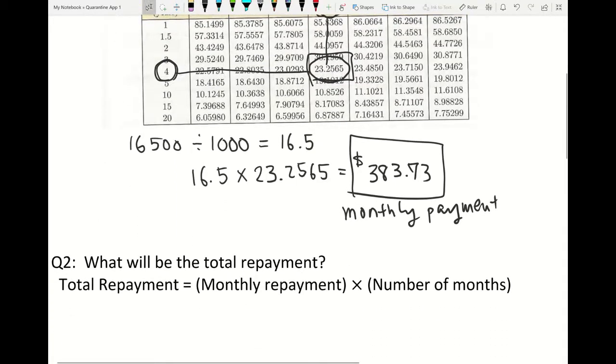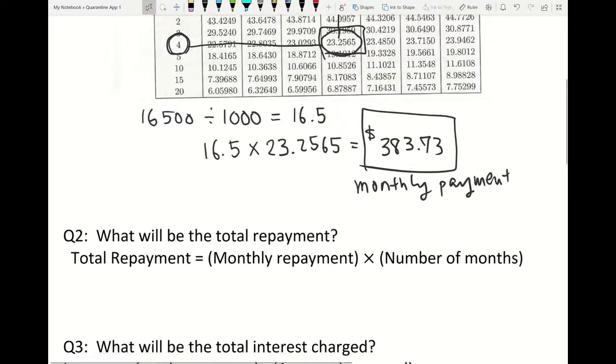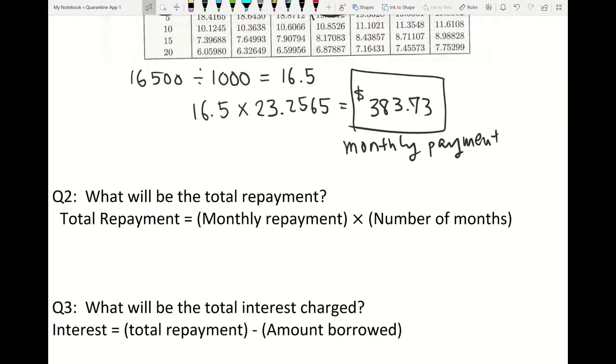There are a couple more questions, 2 more questions to be precise. Next question, what will be the total payment? Okay, so since your monthly payment is $383.73, but you're going to borrow for 4 years, you're going to complete the whole payment in 4 years, but we need to figure out how many months that is.